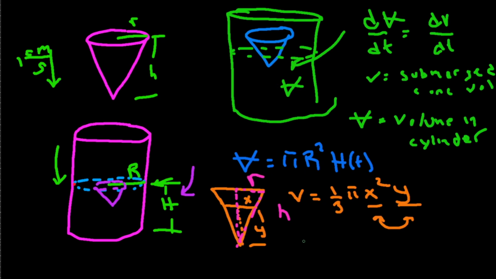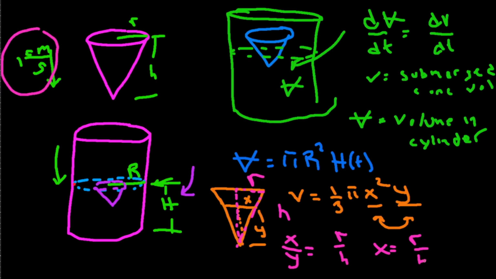So I'm going to write x in terms of y, because the height part is what we already know, that it changes at a rate of 1 centimeter per second. So x over y is equal to r over h. So x is equal to r over h times y.